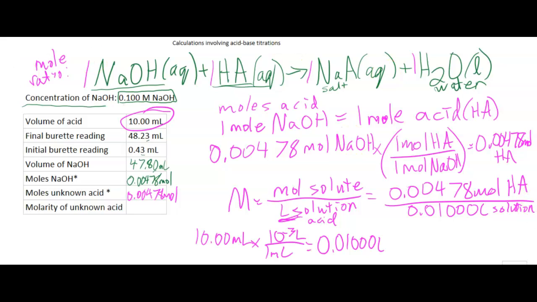So I can divide through: 0.00478 divided by 0.01, and I get my molarity for my HA is equal to 0.478 molar. So keep in mind that for finding your average molarity, you would need to know what the molarity is for each of your individual trials.